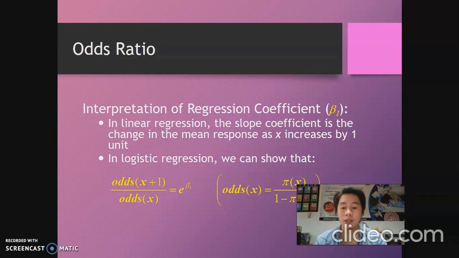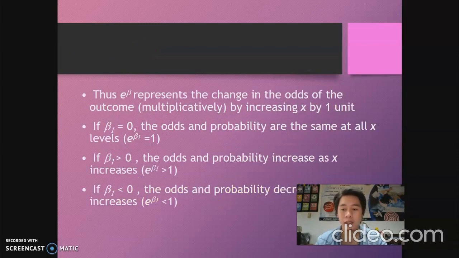In logistic regression, we can show that odds of X plus 1 divided by odds of X equals e to the coefficient 1, and odds of X equals pi of X over 1 minus pi of X. Thus e to the coefficient represents the multiplicative change in the odds of the outcome for each 1 unit increase.